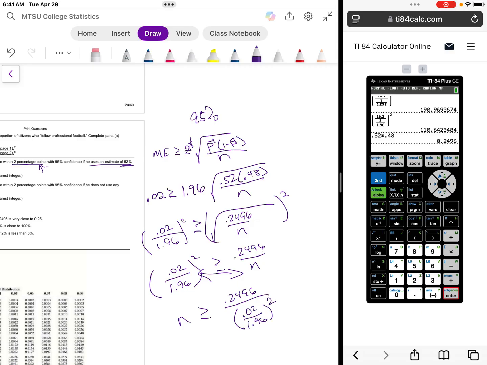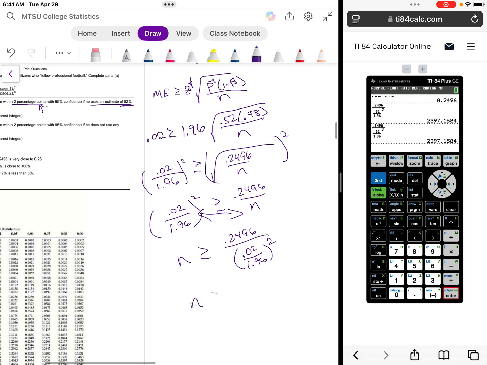So that's what I'm going to type in the calculator. And again, I'm just going to start fresh. Alpha x gives me a fraction, 0.2496. On the bottom, alpha x again to give me another fraction, 0.02 over 1.96. I'm going to go off to the side of that fraction and push squared. So that's squaring that whole bottom fraction. I hit enter. Ooh, that's a big sample.